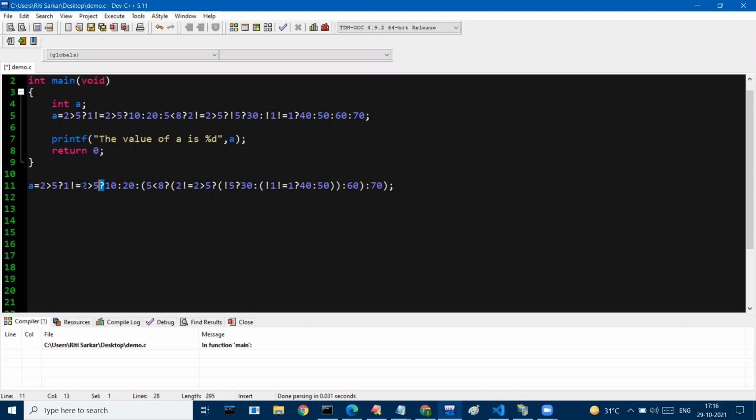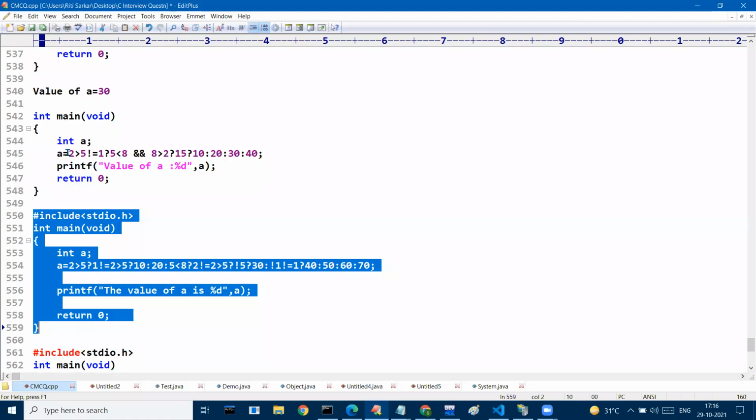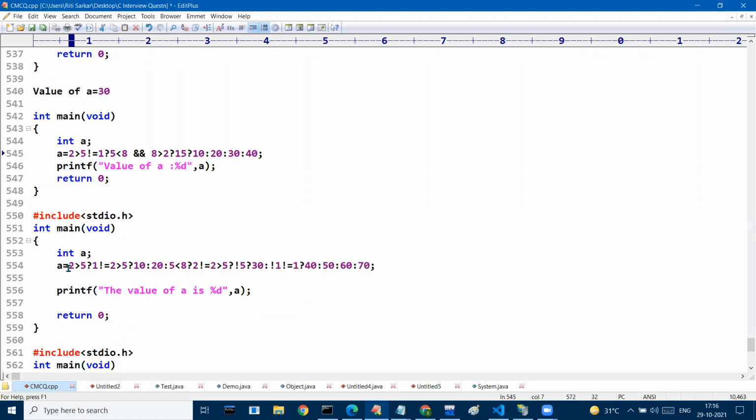And see here, 2 greater than 5. Asking sign, 2 greater than 5. Acha, here I think there is a mistake. 2 greater than 5, how many times is it there?